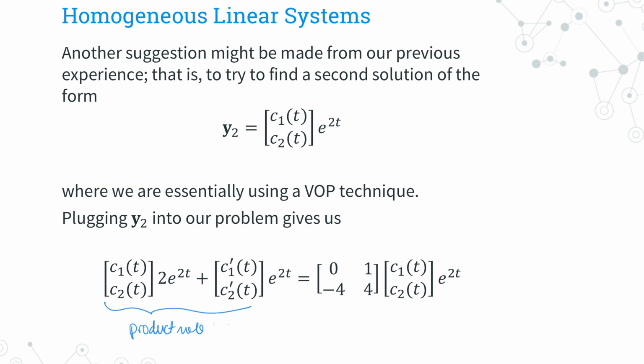That would be our vector times the derivative of e to the 2t, which is what we see in the first term. And then we have the derivative of our vector times e to the 2t in the second term, and we find their sum. So this is our y prime equaling A times y, where this is A and this is y.